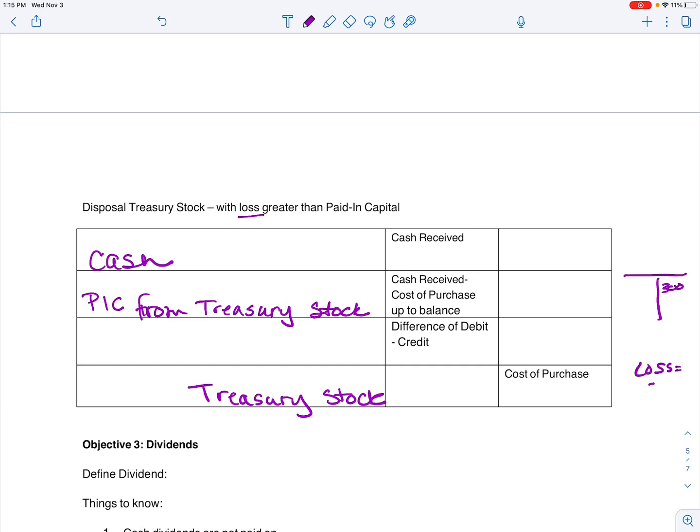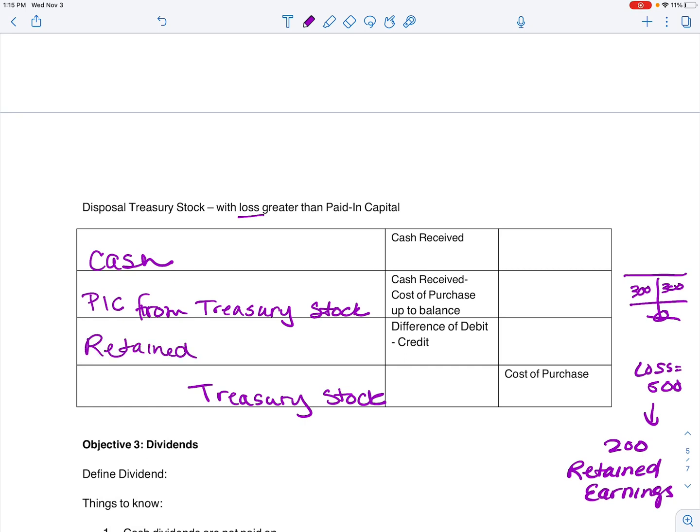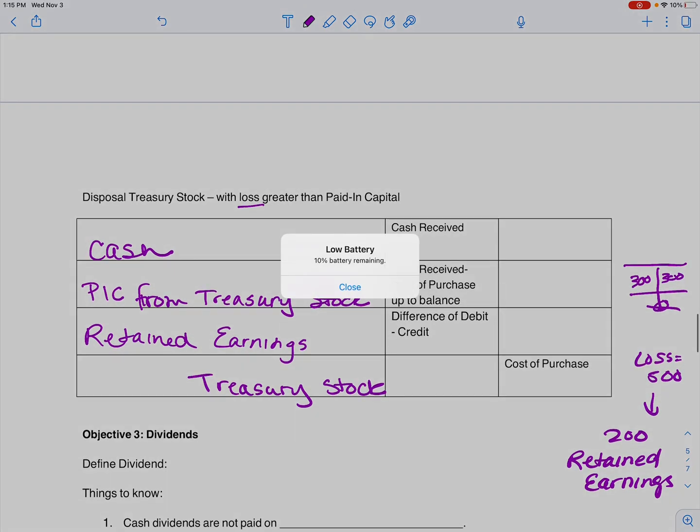If our loss is $500, we can only take $300 out of this until it reaches zero. The remaining $200 is going to come out of our retained earnings. So that difference that we need to account for is coming out of our retained earnings, because treasury stock is part of that stockholders' equity section.